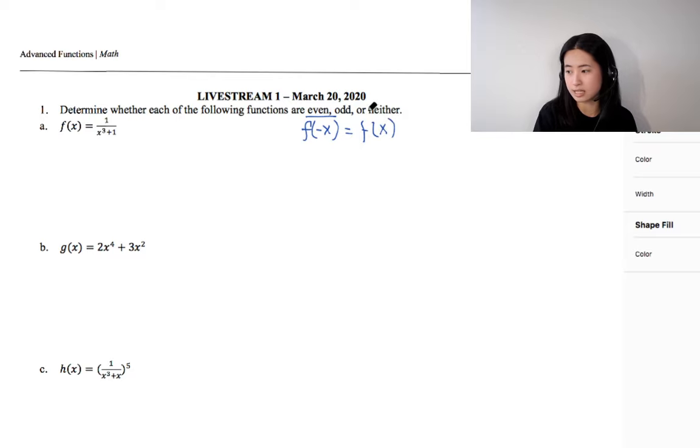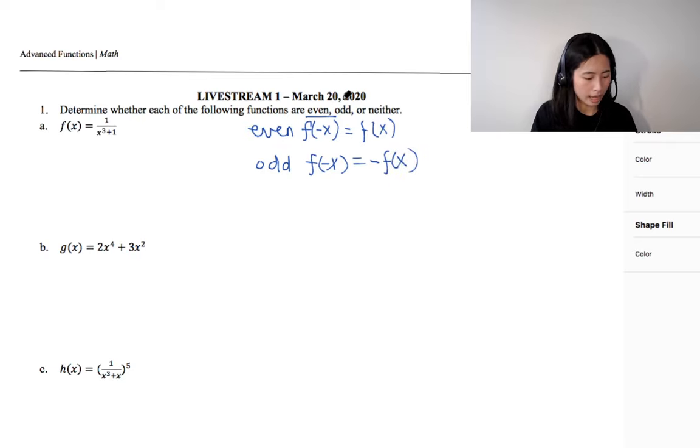That's when it's even. And if it's odd, you also plug in f of negative x, but instead of f of x, you need to get negative f of x.